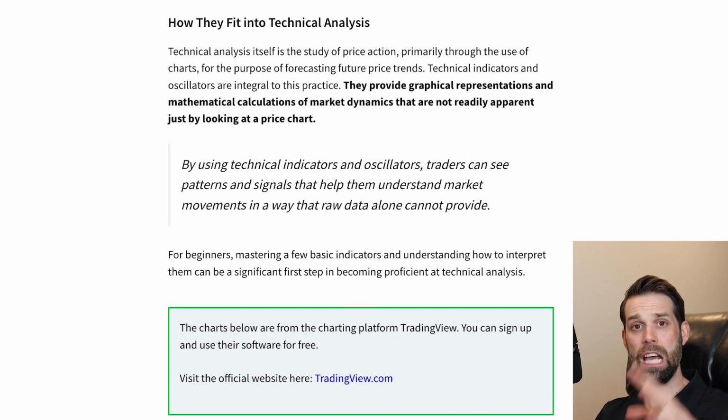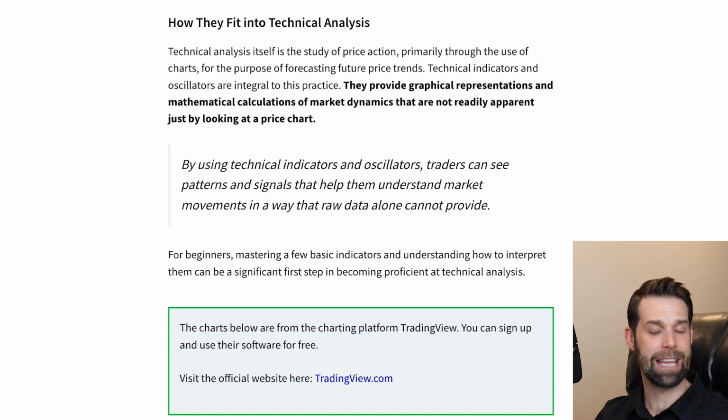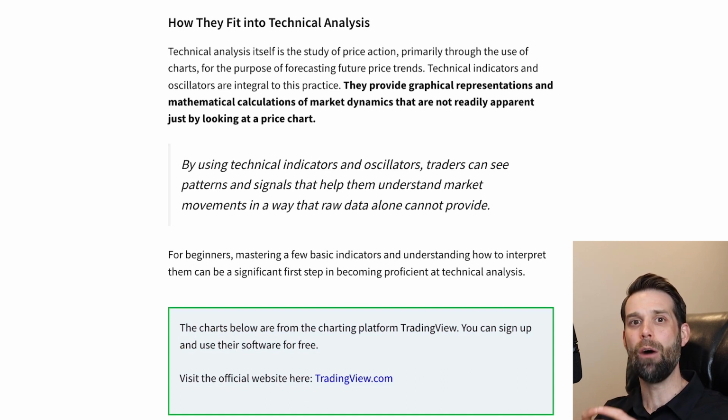You can look at the price chart and watch the stock moving up and down, but you can also use these technical indicators and oscillators to gather all the data within a stock chart, based on the price, the volume, momentum, and then create indicators that are going to help you make decisions on when to buy and sell a stock. So that's how these indicators are used in technical analysis.